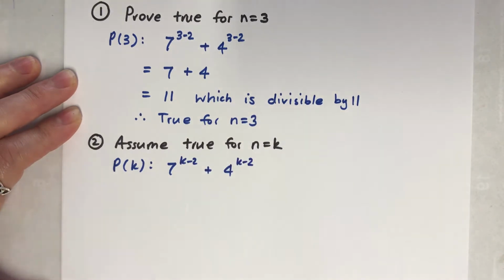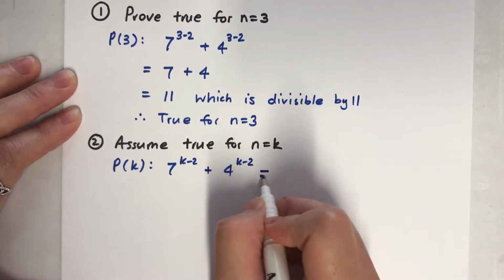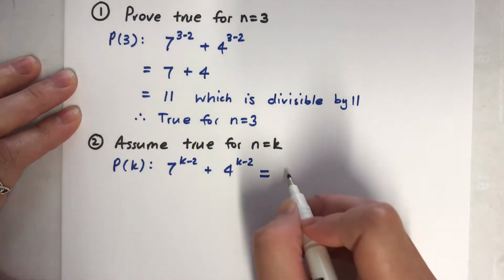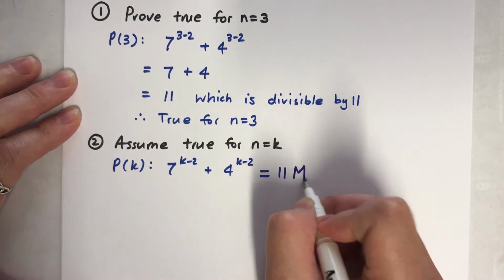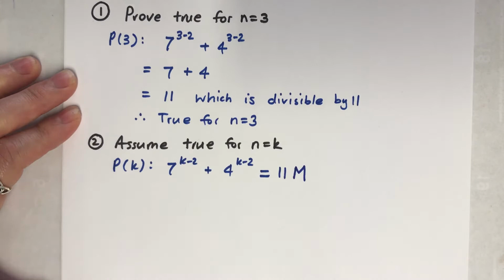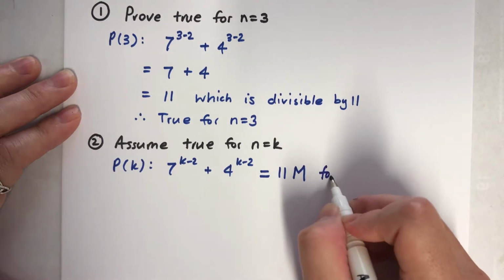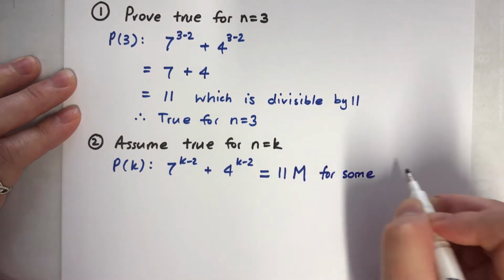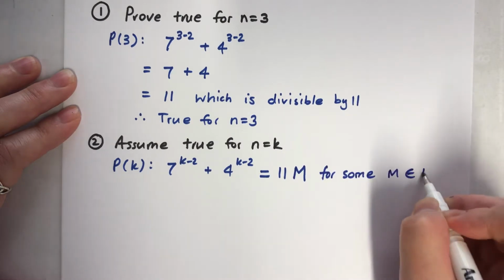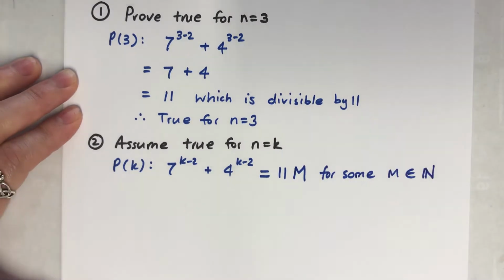Now, there's one more thing you have to add on to this, which is equals 11m. So 11 is the common factor, so that we know whatever we get is divisible by 11. For some m, a natural number or positive integer.